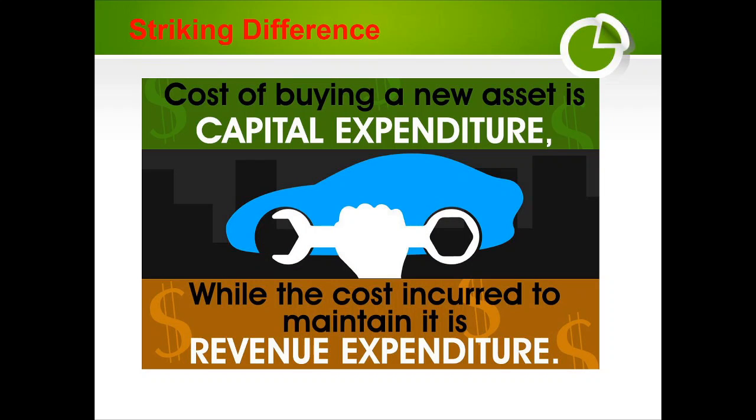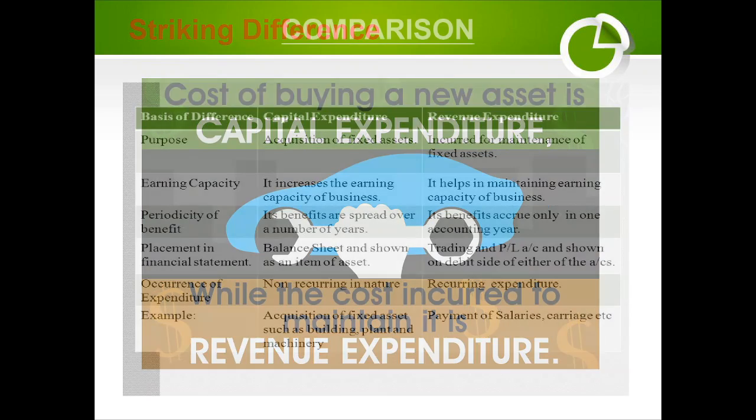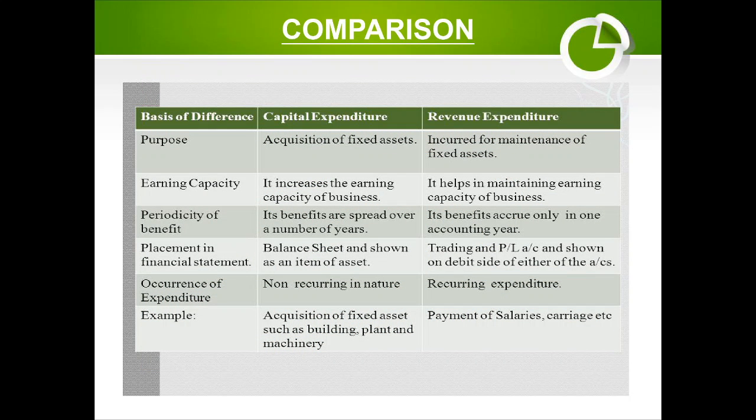So what is the striking difference between capital and revenue expenditure when we come to fixed assets? The cost of acquiring a new fixed asset is capital expenditure, whereas the cost incurred to maintain it is a revenue expenditure. Now, if we want to find out the basic differences, capital expenditure is in the form of acquisition of a fixed asset, whereas revenue expenditure is incurred for maintenance of a fixed asset.